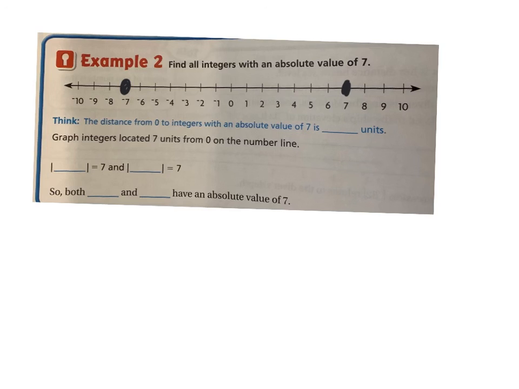So I have -7 and +7 that are both 7 away from 0. The absolute value of -7 is 7. The absolute value of +7 is 7. So both -7 and +7 have an absolute value of 7.